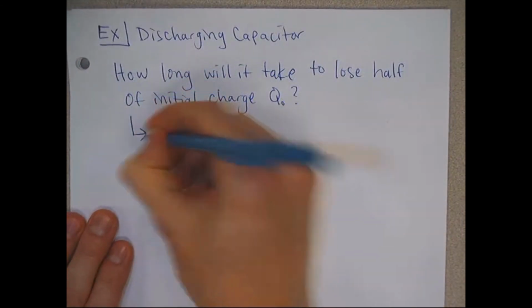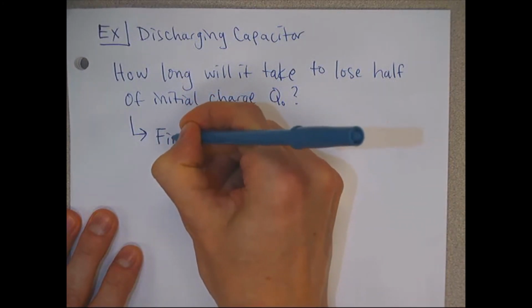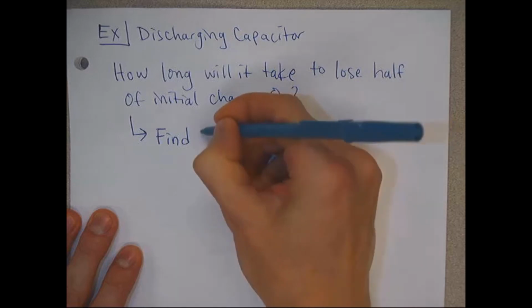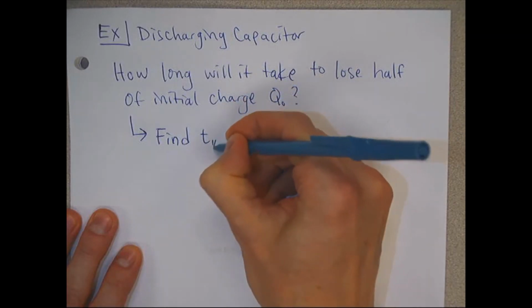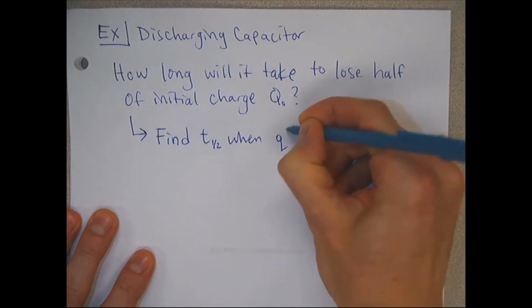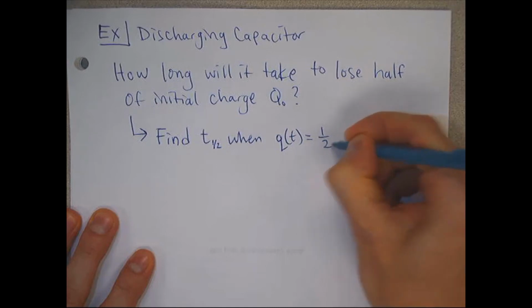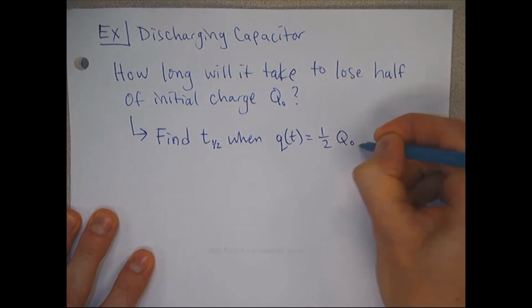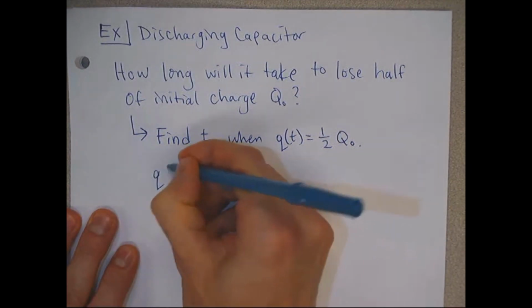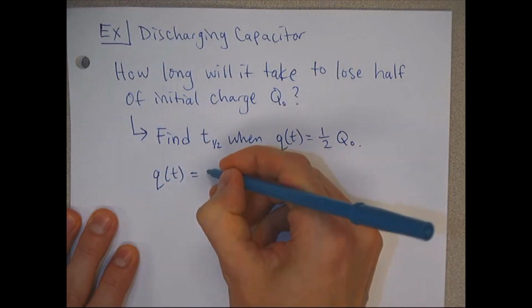Just as we did in the charging capacitor example, let's restate this. What are we trying to find? We're trying to find t 1/2, when the Q on each plate, the charge magnitude, is 1/2 of the initial value. And so we start with the general expression.